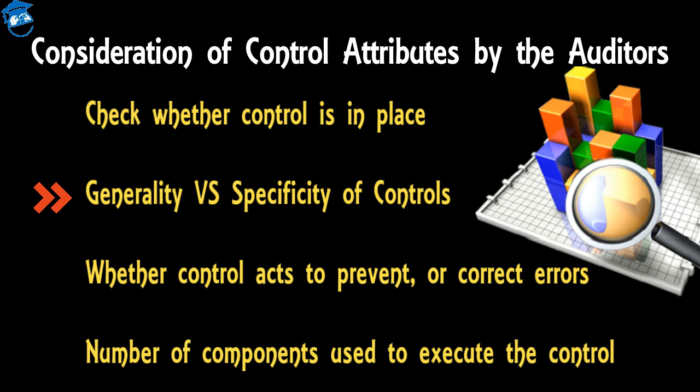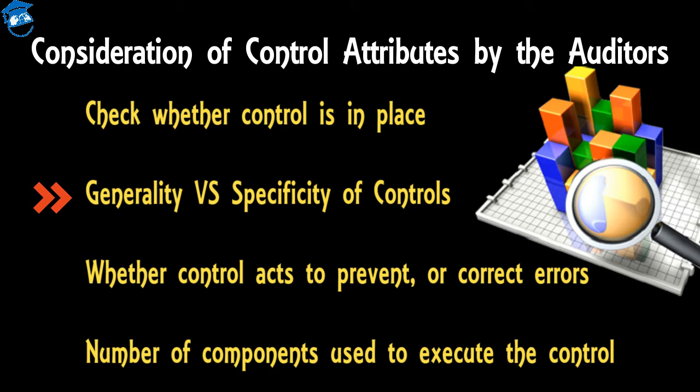General controls inhibit the effect of a wide variety of errors and irregularities, as they are more robust to change. Controls in the application subsystem tend to be very specific, because the components in these particular subsystems execute activities that have very little variety.